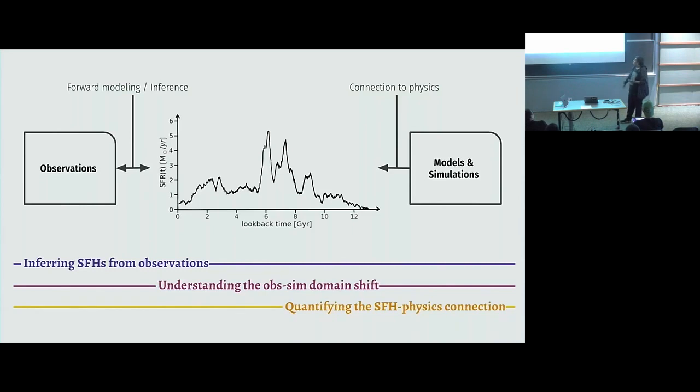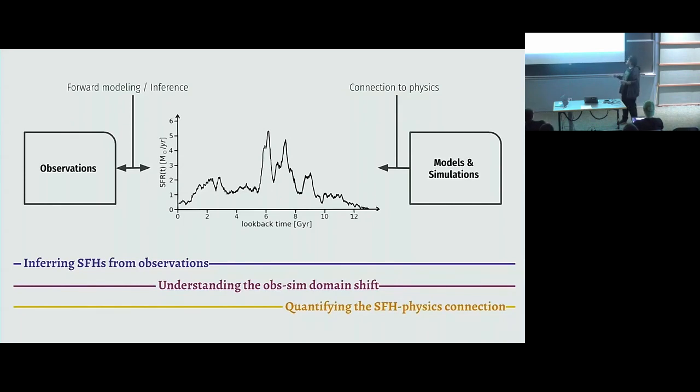So what I want is to have that as a latent space of sorts that contains all the information that we want to probe. The reason I want to do this is because, A, it's interpretable. Star formation histories give you a physical picture of what this thing's been doing over time.